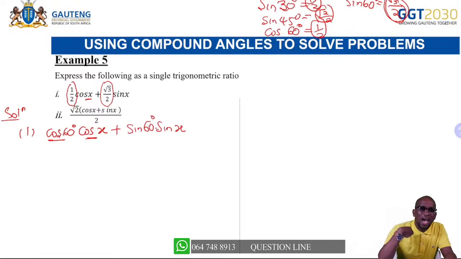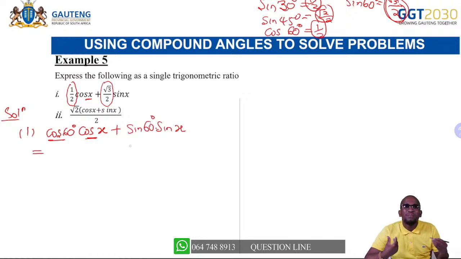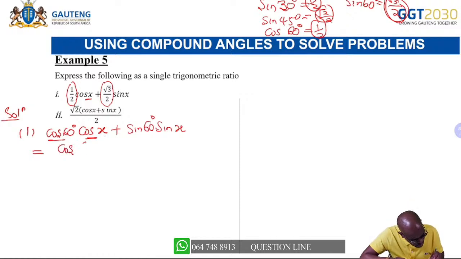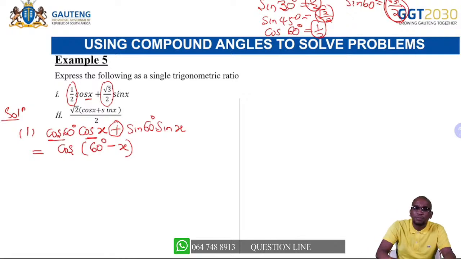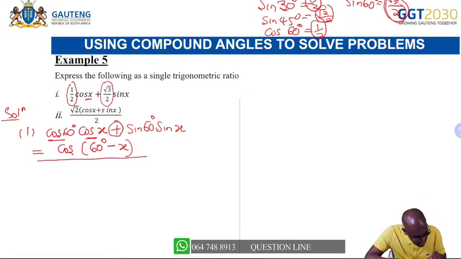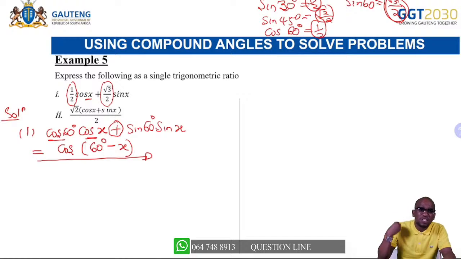So you see, I have changed the special ratios and now I'm writing them as special angles. Now you can condense. Cos, sine: this is a compound angle for cos. This should be the cosine of 60, and because the sign there is positive, it should be minus x. So you were able to express it, because the question said express as a single trigonometric ratio.